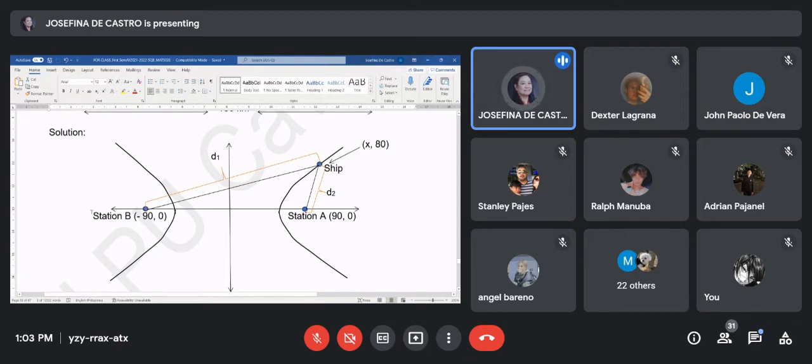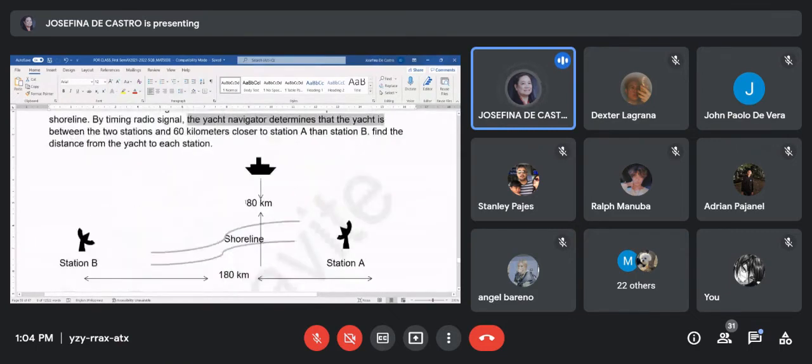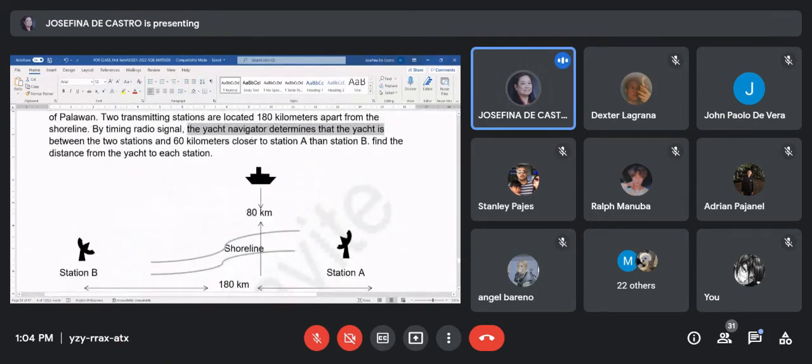So, ito yung shoreline natin na nandoon si station A and B. Therefore, bakit naging x80 siya? Kasi ang layo na distance niya, yun ang tinatanong. Pero ang vertical distance niya ay 80. Kasi from the shoreline, ang sabi, yung yate ay from the shoreline ay 80 kilometers ang layo niya. Yun yung sinasabi dito.